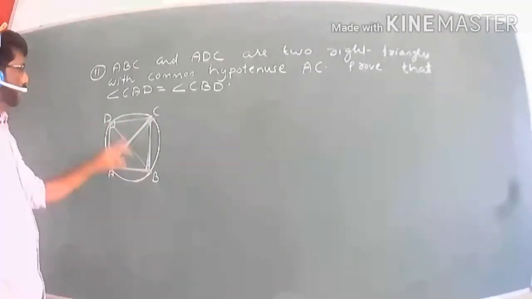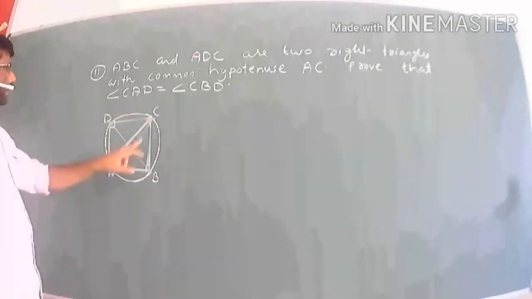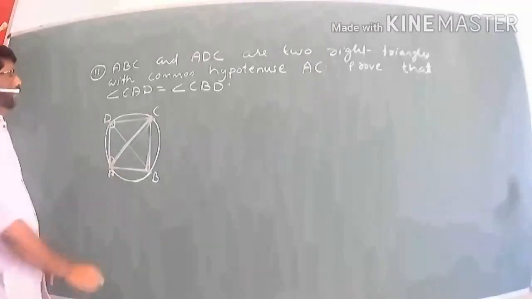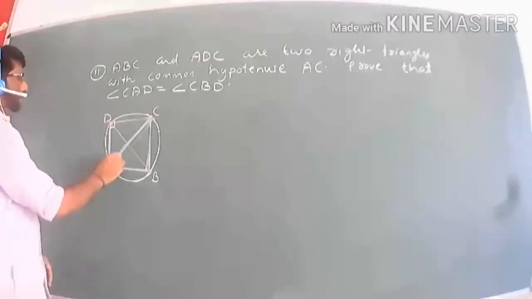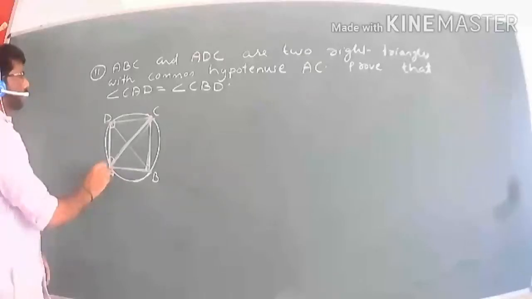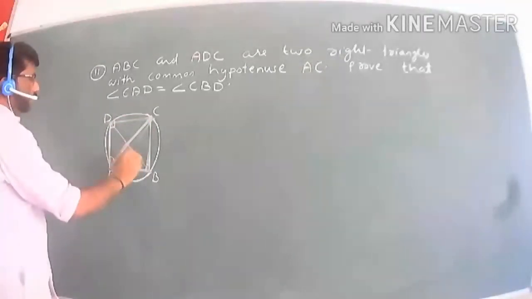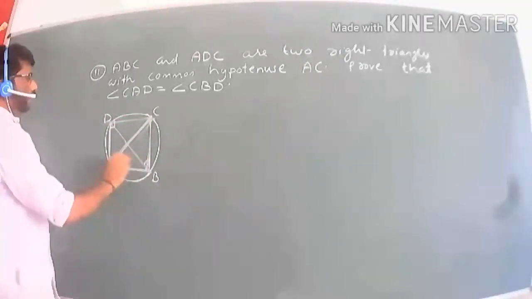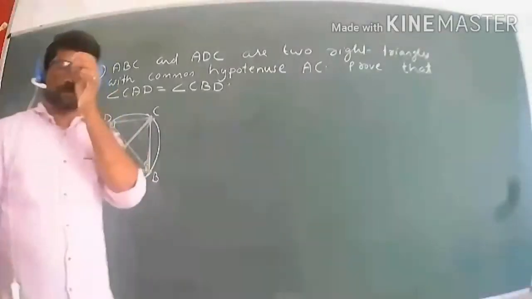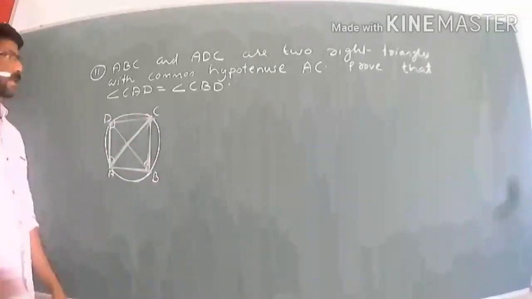We joined BD also. We have to prove that angle CAD is equal to angle CBD. You have to prove that these two angles are equal. So there is no circle given here, but for proving that we have drawn a circle.